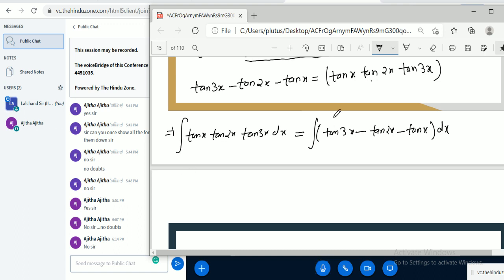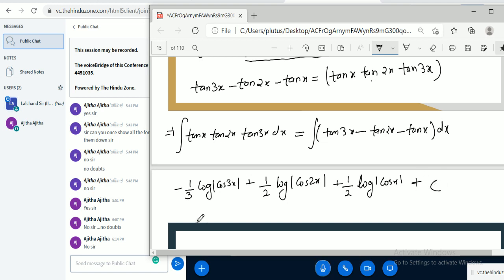So what is the integration of tan 3x? The integral will be minus 1 by 3 log of cos 3x. This will be plus 1 by 2 log of cos 2x, and this will be plus log of cos x plus c. This is the final answer.